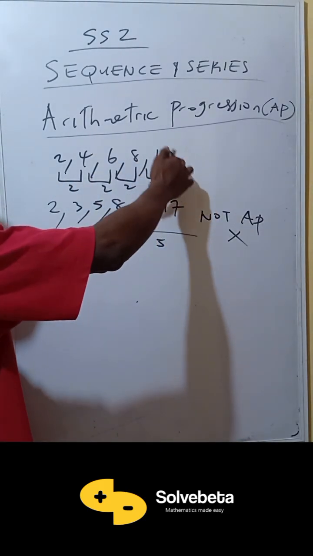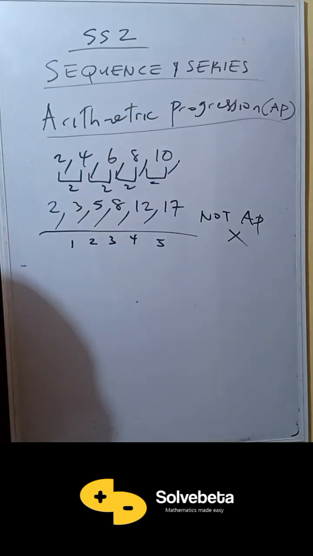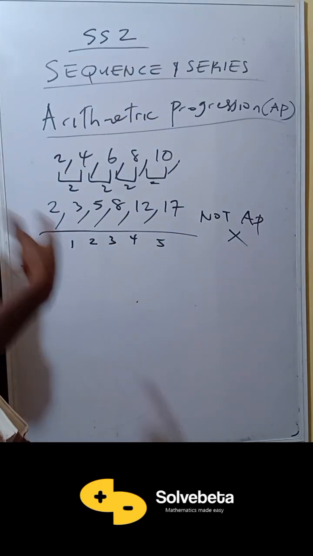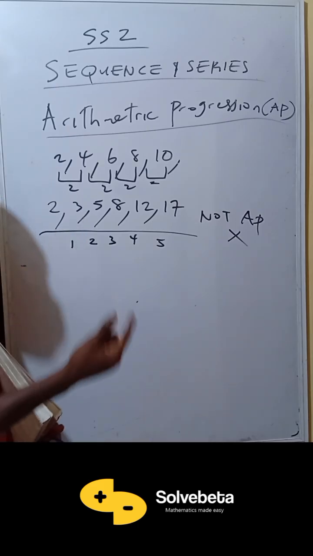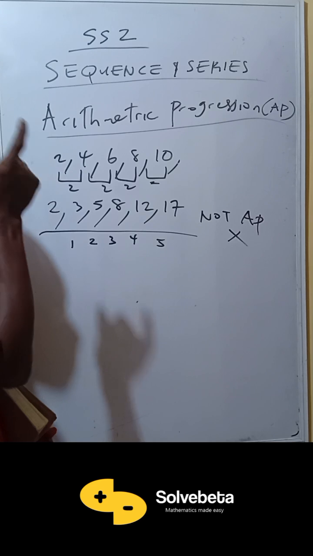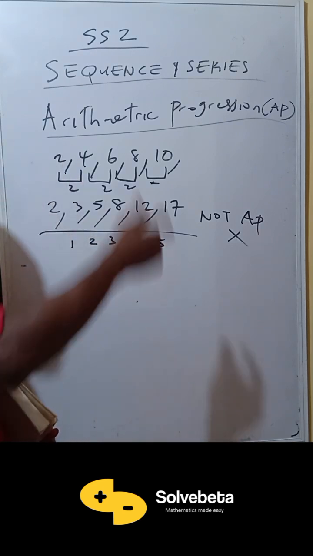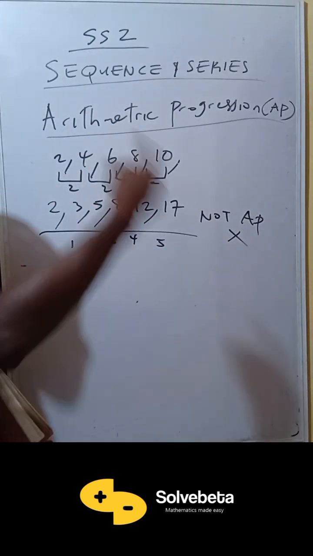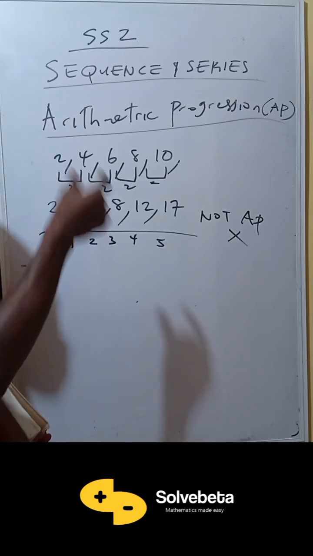This type of sequence is known as what? Arithmetic progression. In an arithmetic progression, the next term is gotten by adding or subtracting a constant. That means a number that does not change. To get the next term, I will add the same number to the previous term.